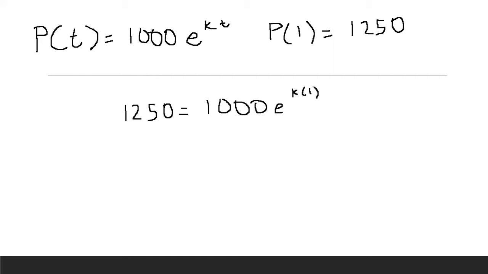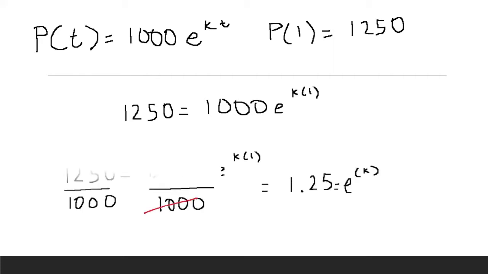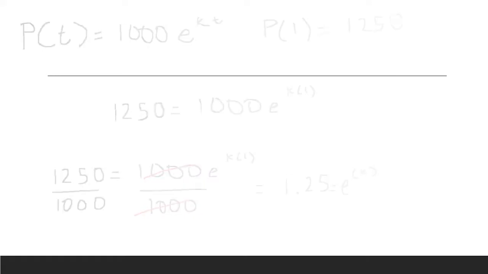Let's divide both sides by 1000, which gives 1.25, and that's equal to e raised to the k power. Now we need to take the natural logarithm of both sides. The natural log of e to the k, what do you think that's equal to?